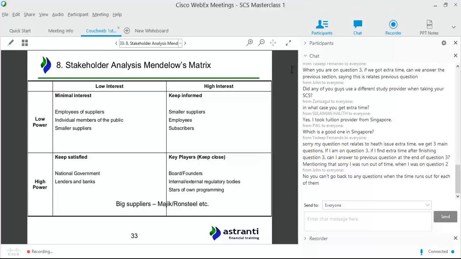And also stars of our own programming as well. They'll be very important because some of our own programmings are incredibly important to the organization, provide us a lot of business. A lot of people sign up with Couchweb because they'll want to watch the politics game and so on. And so the star of that show is going to have a lot of power.